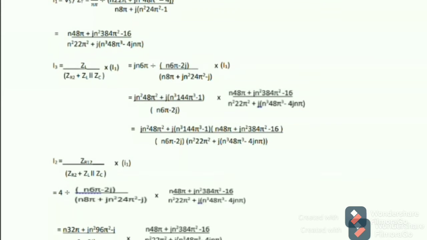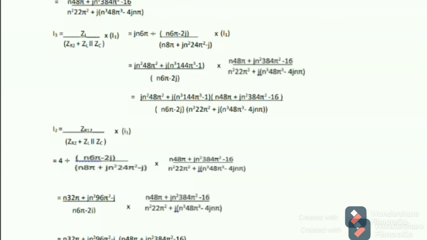We solve the equation and we've got the answer j n square 48 pi square plus j bracket n cube 144 pi cube minus 1 bracket n 48 pi plus j n square 384 pi square minus 16 over n 6 pi minus 2j, n square 22 pi square plus j bracket n cube 48 pi cube minus 4j n pi bracket.